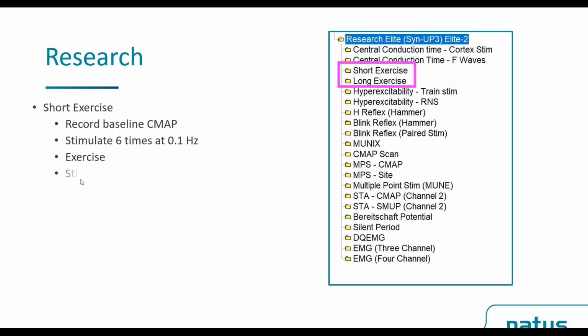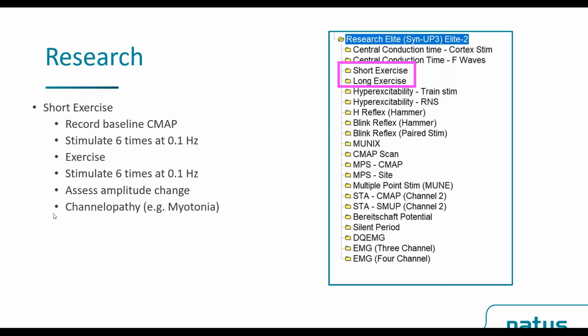You have the patient exercise, and then you repeat these trains as necessary. Usually this is done about 3 times to extract different patterns. And we are looking at amplitude changes within these individual trains after exercise. Professor Fournier has described a lot of patterns, particularly when the abnormality is a channelopathy, for example, in patients with myotonia. So that's a short exercise test.